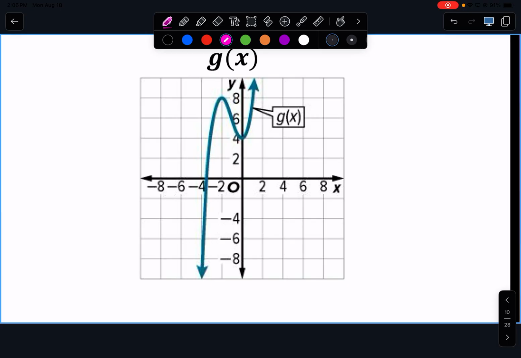I'm continually impressed with the detail and care you guys are putting into your notes. So then I want you to label your extrema and then identify the points.